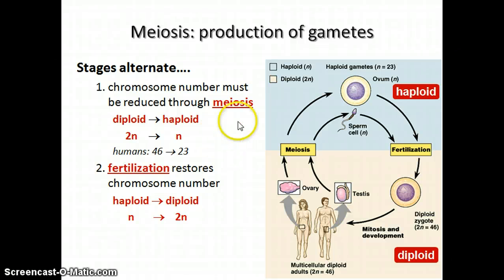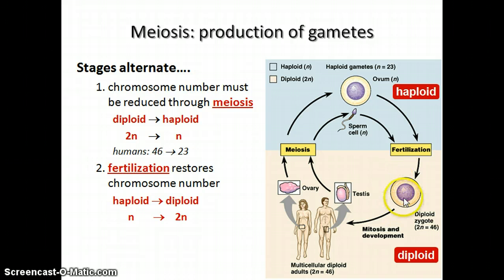So the chromosome number has to be reduced through meiosis from diploid to haploid, or 2N to N, or 46 to 23 in humans. So that process occurs through meiosis. So we start here. This is our diploid stage. That's one stage. And our second stage is a haploid stage. So we have the development here.